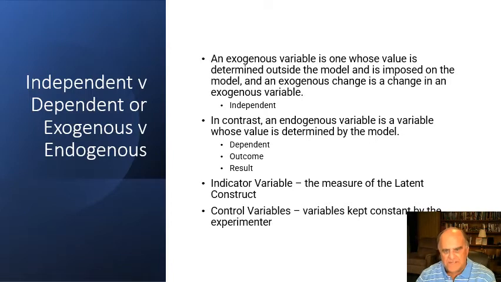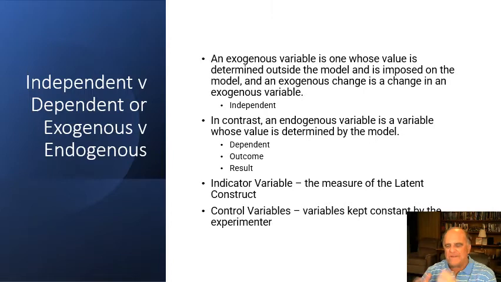In contrast, our endogenous variables are variables whose values are determined by the model. And these are dependent variables. These are our outcomes. These are our results. Of course, it could also be a mediator. A mediator is often determined by an independent variable, even though it's not our ultimate dependent variable.